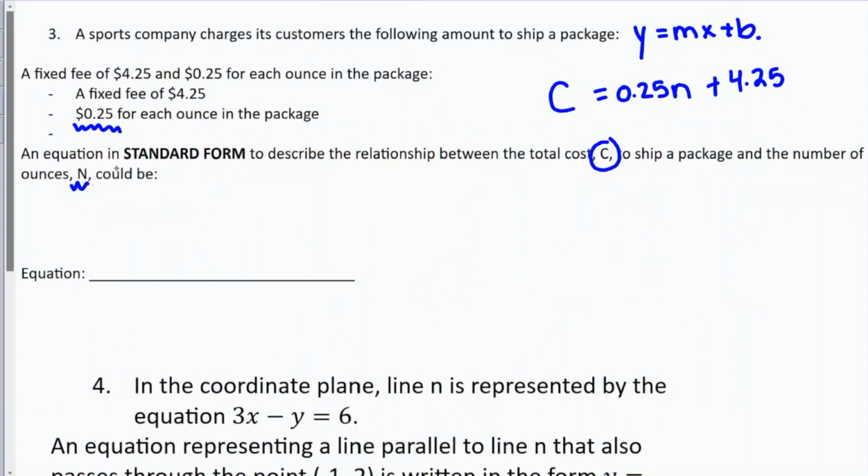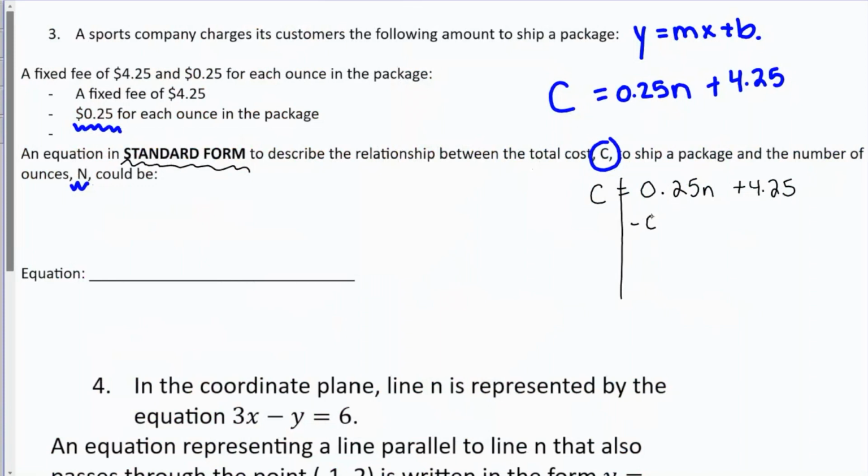Well, it wants an equation in standard form. That means my two variables need to be on the same side. So we have C equals 0.25n plus 4.25. And I'm going to get both my variables on the same side. So that means I'm going to move this n over to the other side. So I'm going to do the opposite operation.